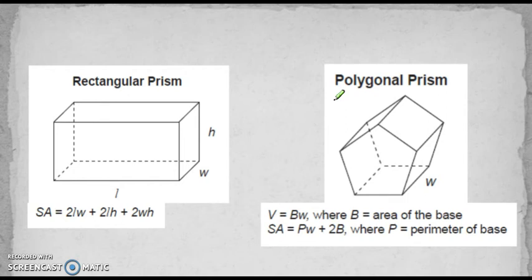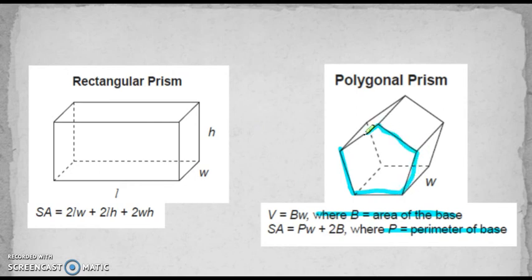However, there is another one that we can use for all prisms. We're not going to be needing the volume, but we are going to need this part, the area of the base. We are also going to need to know that P is the perimeter. So what we can do is take the perimeter of the base, which is this one.